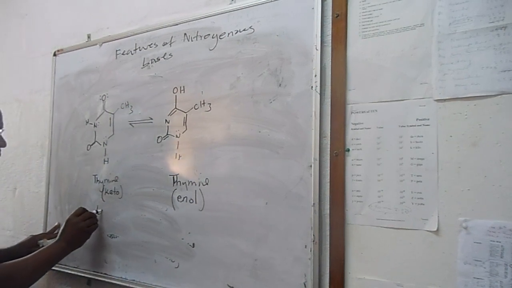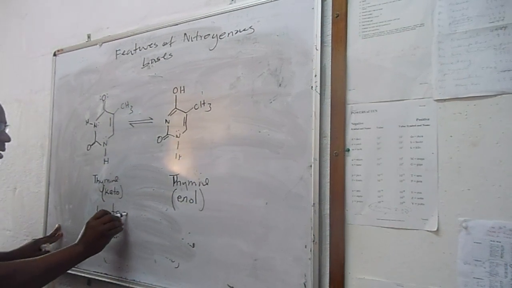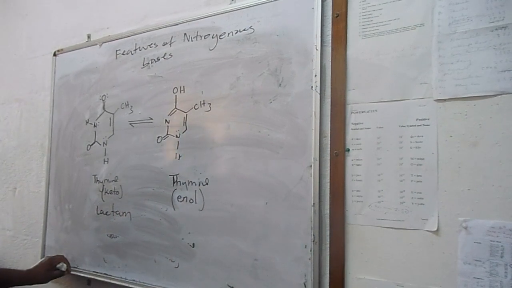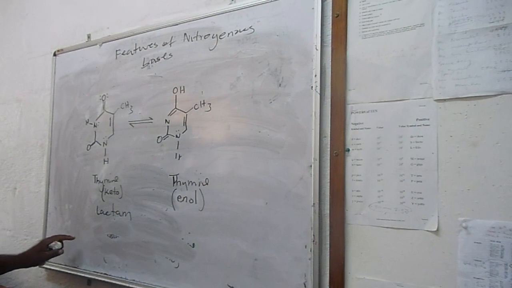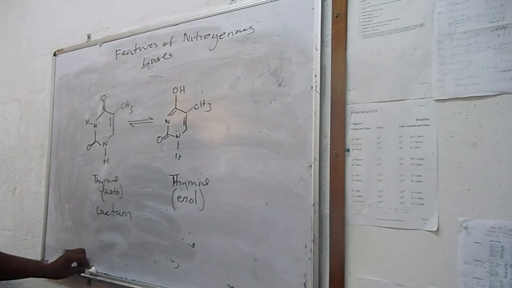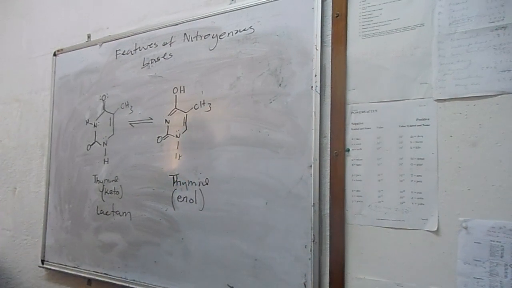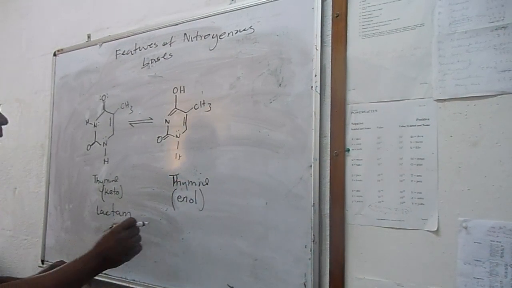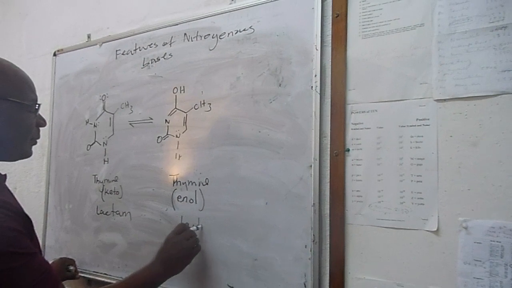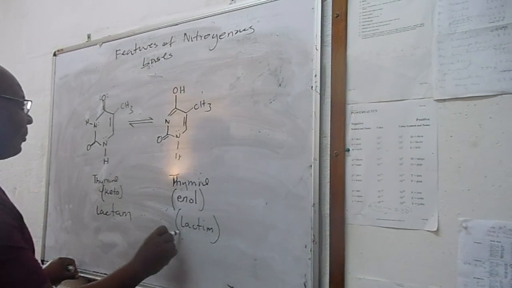A cyclic amide is called a lactam. A cyclic ester is called a lactone. Okay, the lactam. And this would be a lactim.